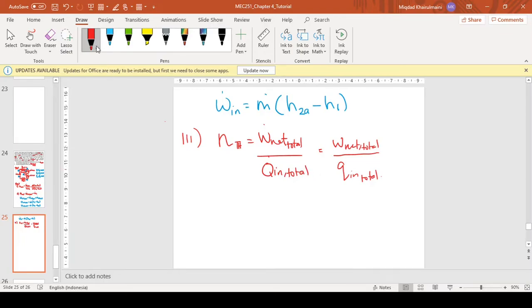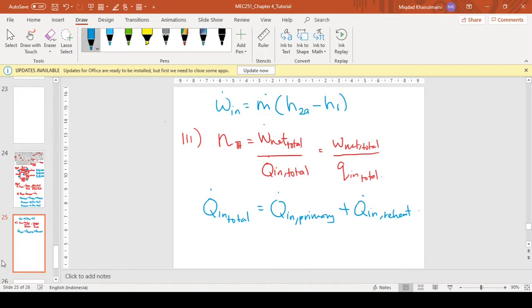For Q in, same as work net just now, if we want to calculate in capital letters, since heat is added twice, we have the Q in primary and also the Q in for the reheating process.